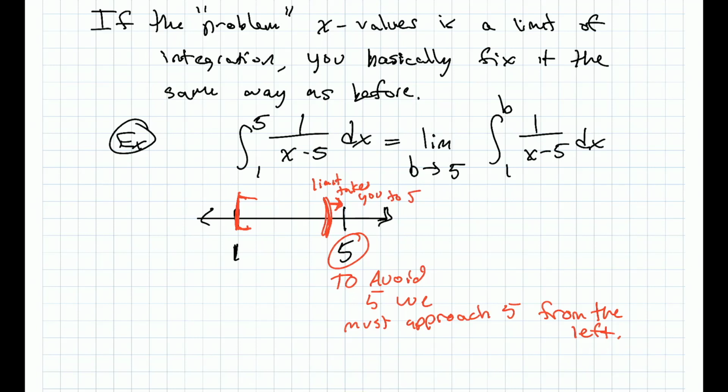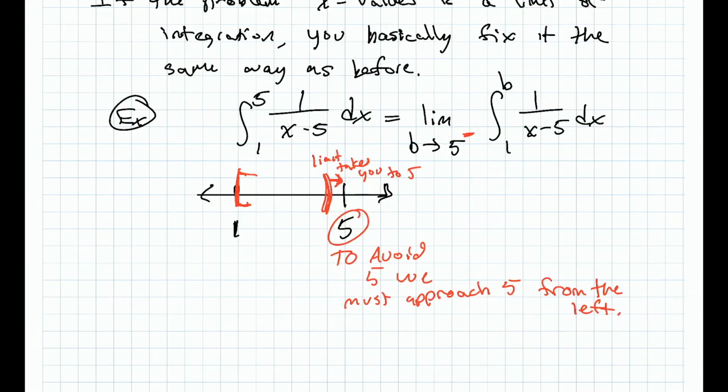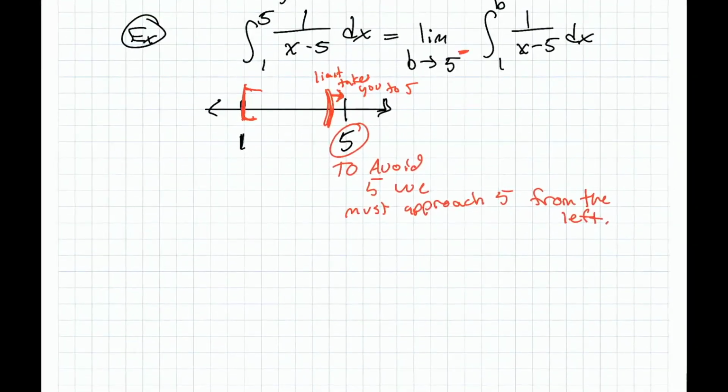But we're approaching from the left, so that's actually this kind of limit. So you have to write it that way: limit as b approaches 5 from the left. The reason that matters is that sometimes you get positive numbers and sometimes negative numbers depending on whether you're on the left or the right. So you have to think about it a little bit.